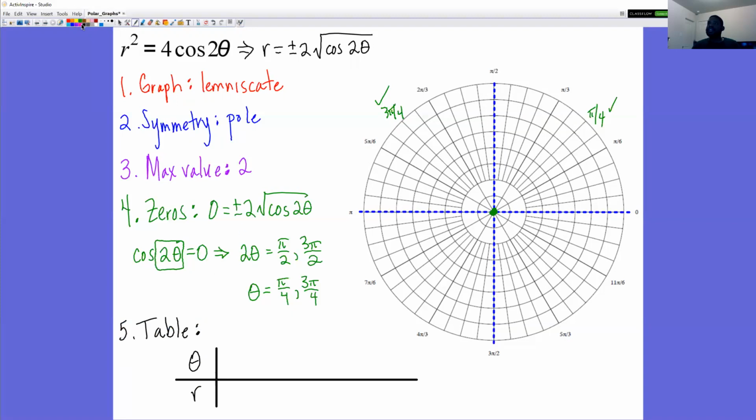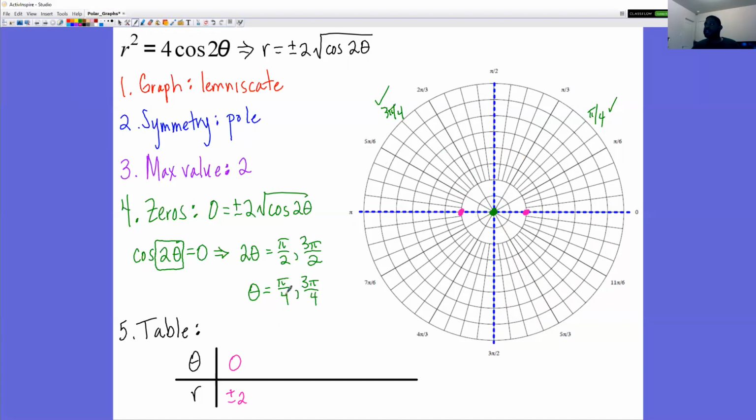All right, now we can start picking values. Let's pick 0 first. At 0, when you plug it into r, you get plus or minus 2. That means on 0, we go 2 units from the pole, and then 2 units in the opposite direction. You can also use the fact that it has symmetry with respect to the polar axis.